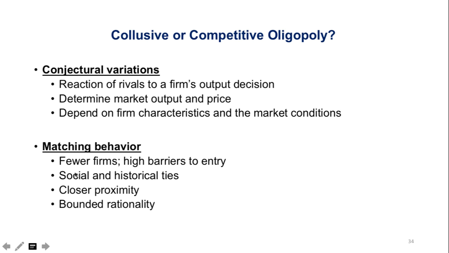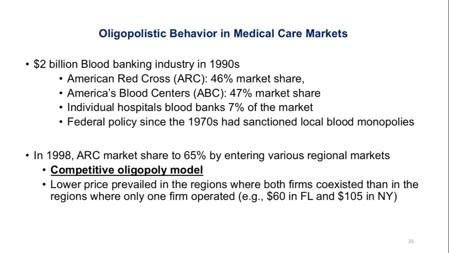The matching behavior is, for fewer firms with higher barriers to entry, and then the social and historical ties determine this decision. Another factor would be closer proximity and bounded rationality, which determine whether they collude or compete. Let's have some examples here.